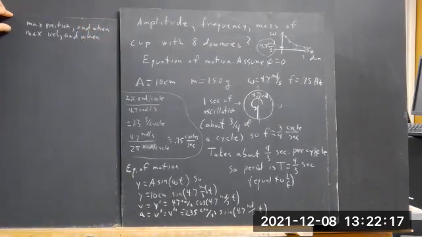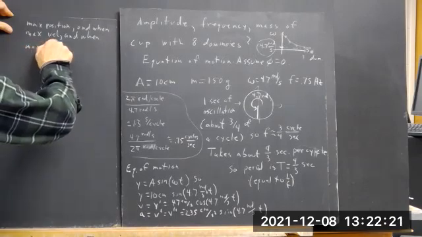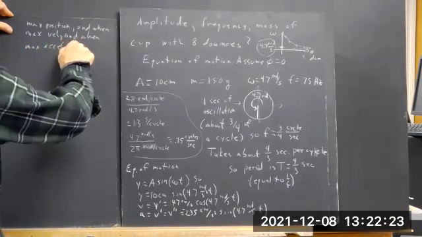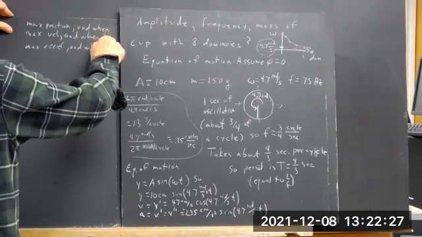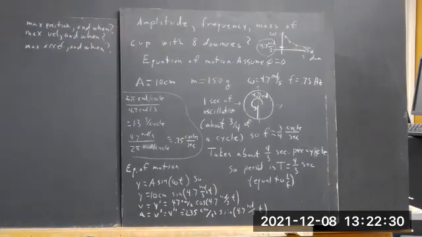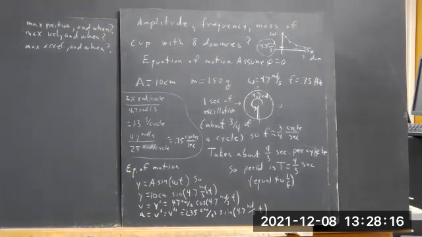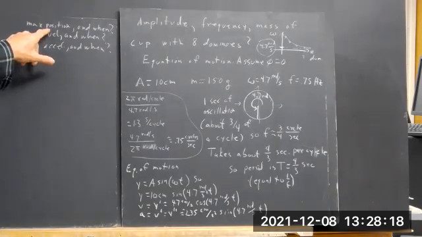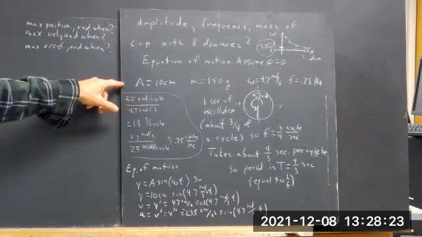Okay, and also what's the maximum position of wind, and what's the maximum acceleration? Okay, well, first of all, you ought to be able to tell me what the maximum position is, because that's what the amplitude is.